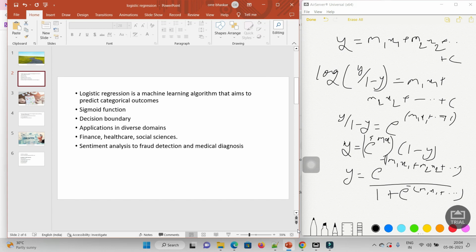This will be our y. This is our probability. This is how we calculate the y.